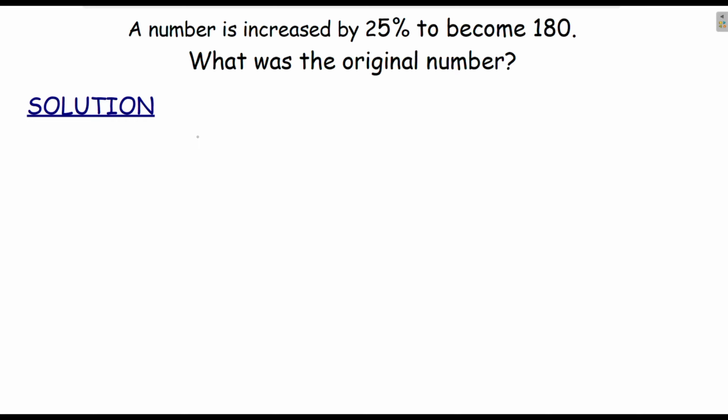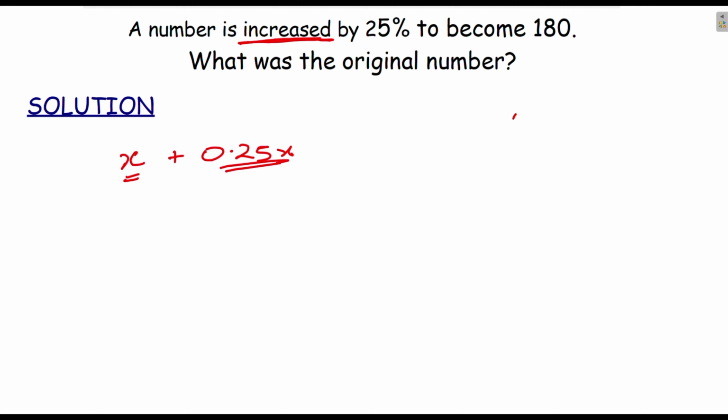What do we do? Simply say, since the number is increased by 25%, it means we are adding, if the number is x, we are adding 0.25x to x. That's what this means.